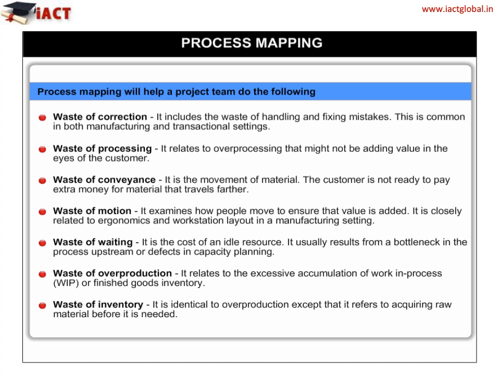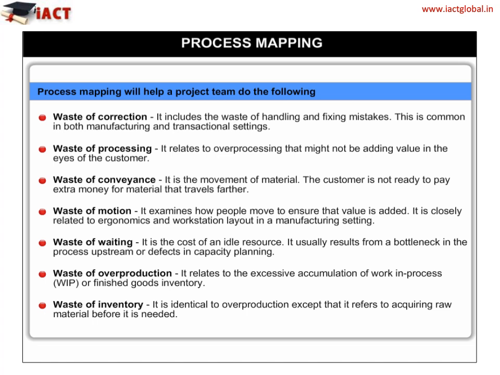Waste of waiting is defined as the cost of an idle resource. In both manufacturing and transactional settings, such waste is a consequence either of a bottleneck in the process upstream or defects in capacity planning and utilization.